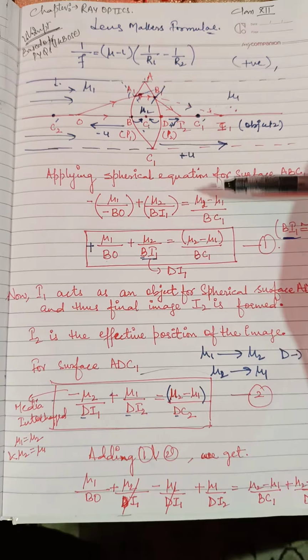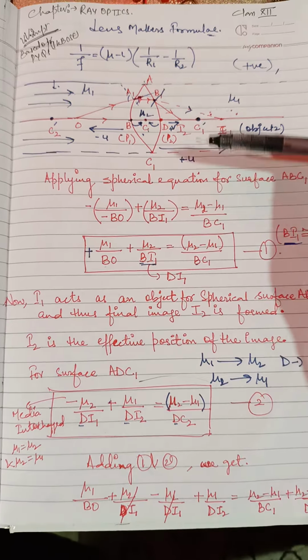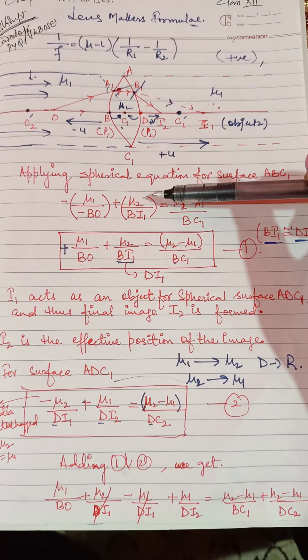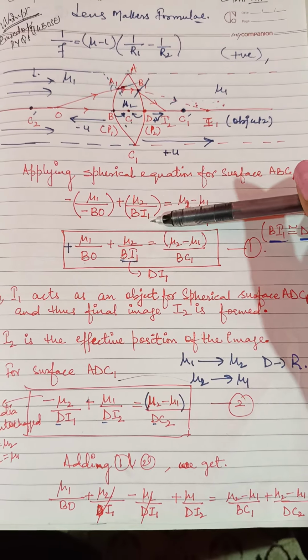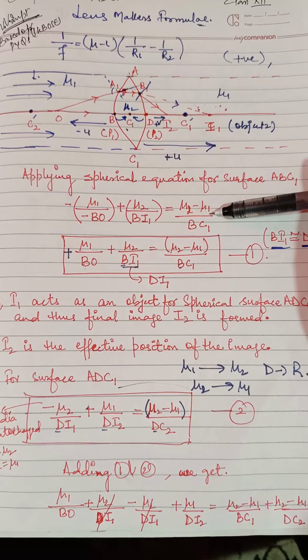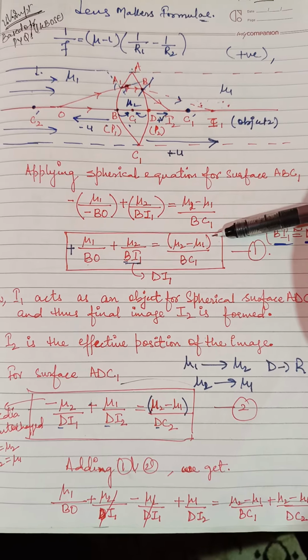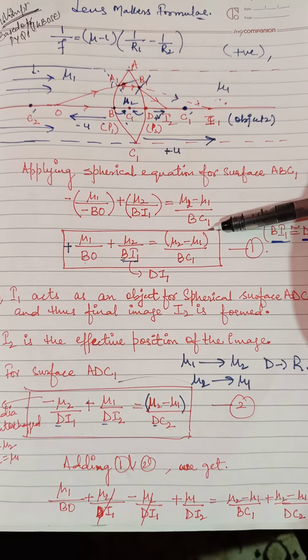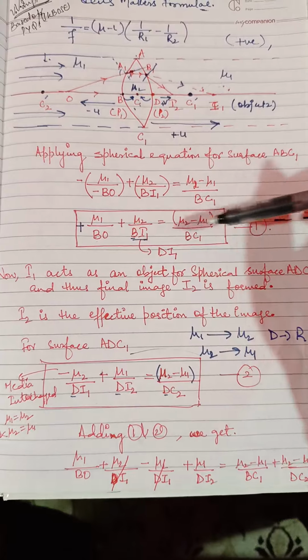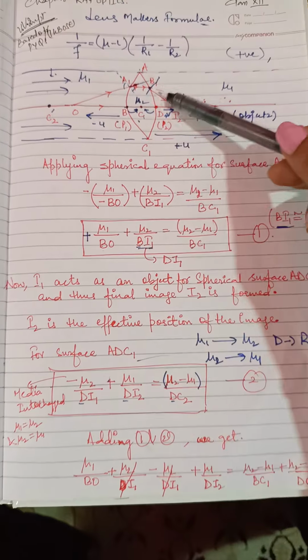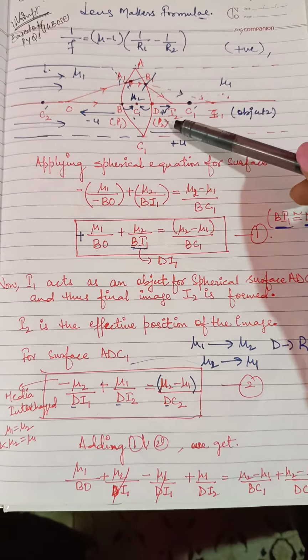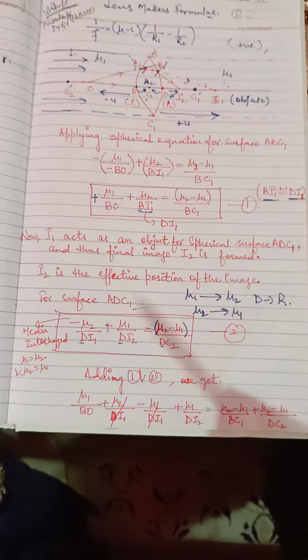Now we will apply spherical equations for this and this surface, which is refractive index upon distance of object plus refractive index of the other medium and distance of the other object. Difference between the refractive indexes and the radius of curvature. We will apply according to the sign conventions for both the surfaces for ABC1 and ADC1.